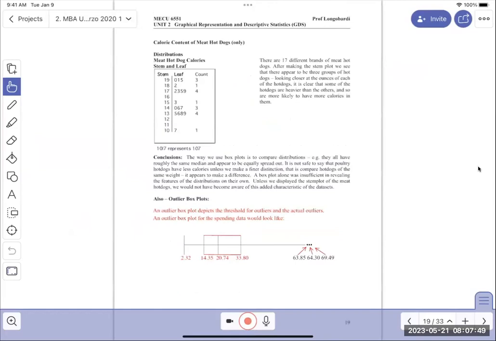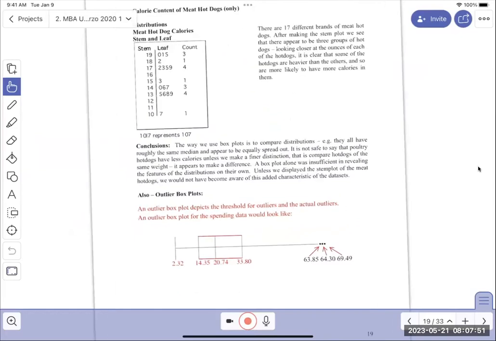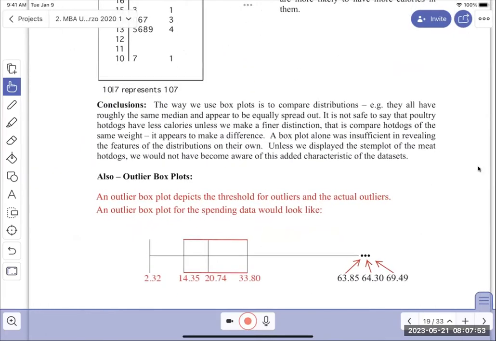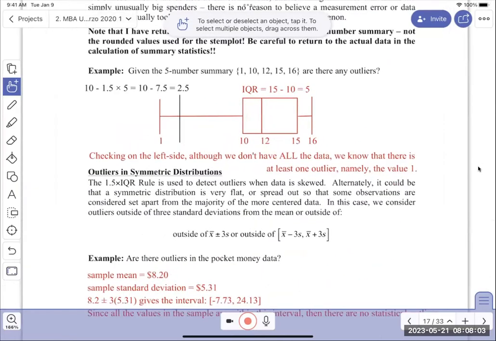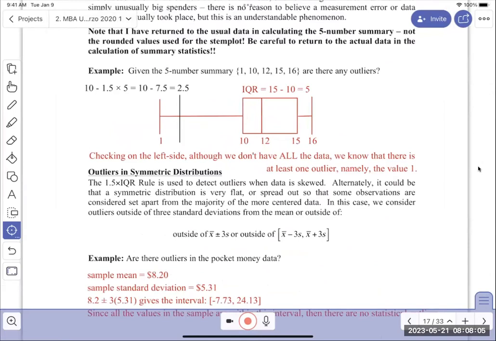Here, so it depends, right? If you're doing an outlier box plot, or the regular, let's look at the regular box plot first. This is a regular box plot. The width would go from minimum to maximum. The width of the IQR goes from Q1 to Q3. So it depends what you're talking about, right?